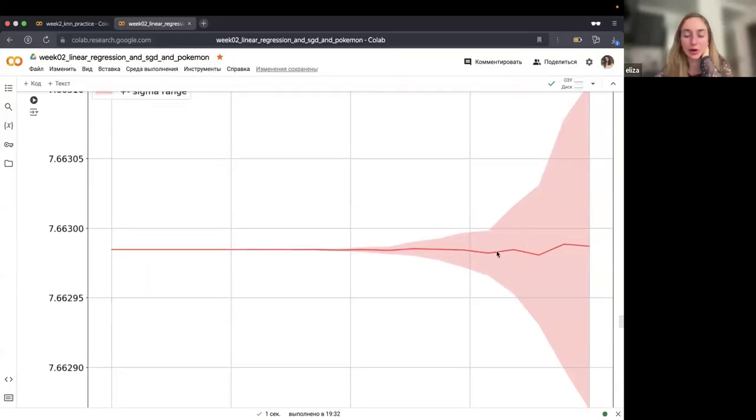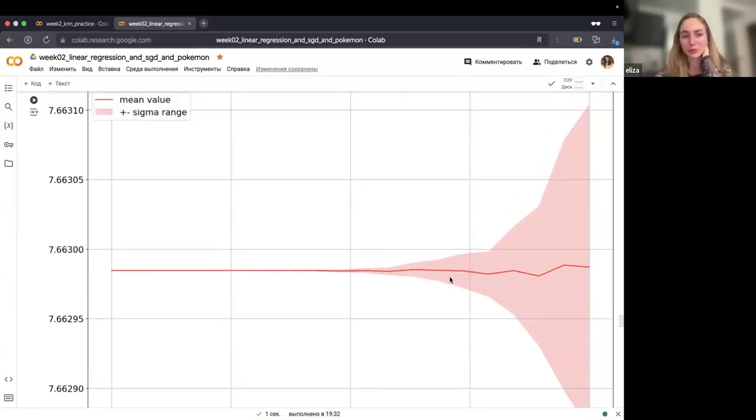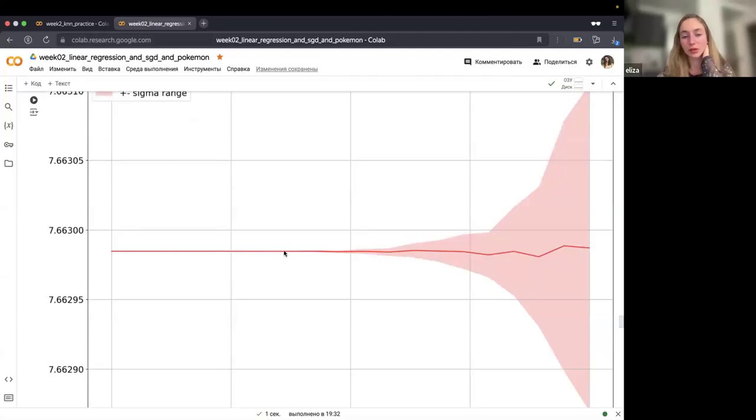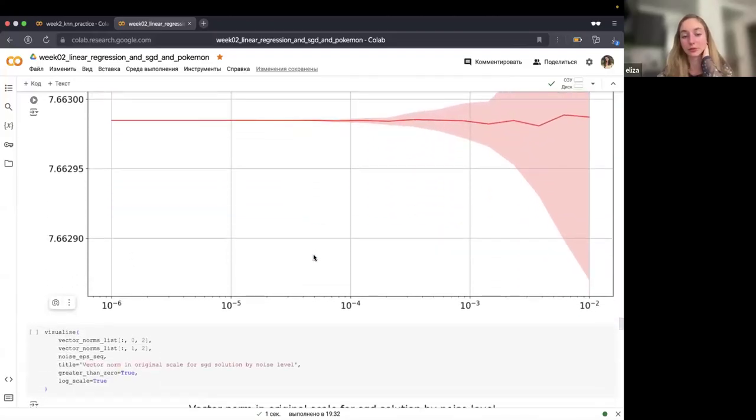This part is just other data you add to your training data, other data with very big noise, and your model just needs to rebuild and relearn with this data. But if the noise is very little, you see that your solution is stable enough.